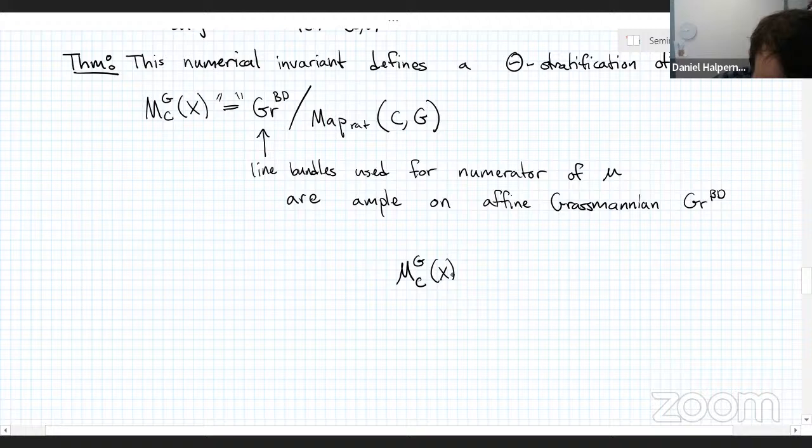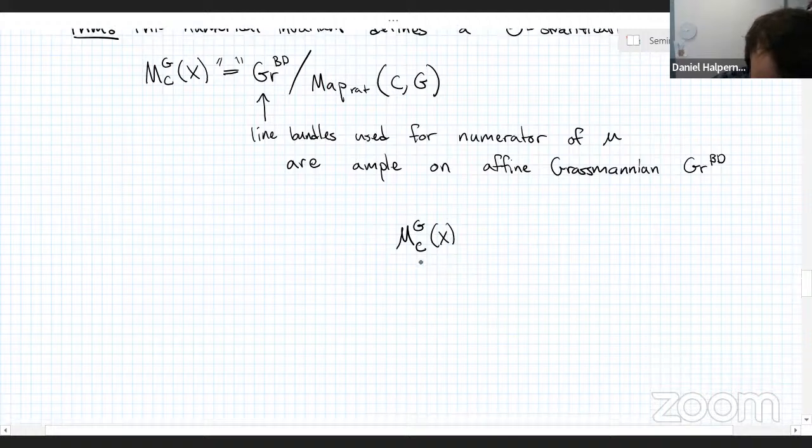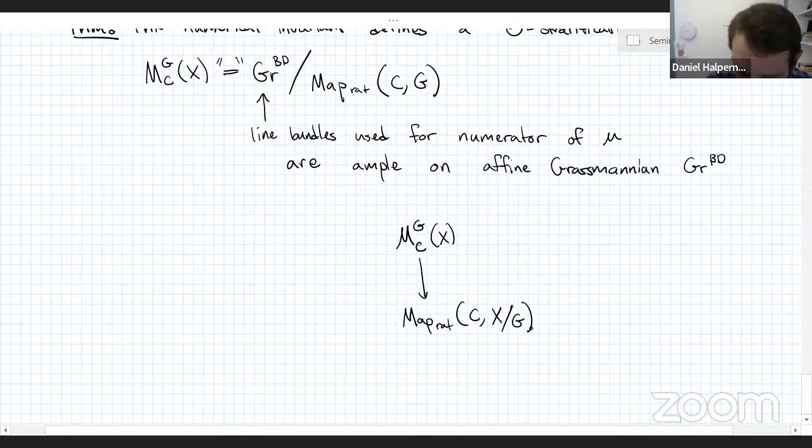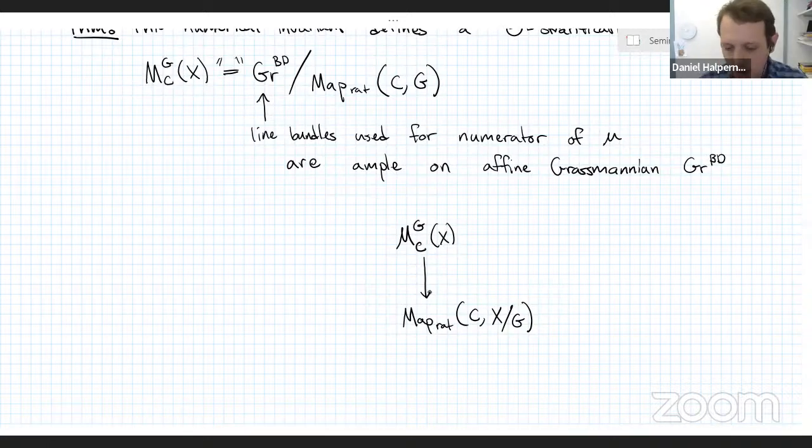MCG of X, and then this maps to something like the stack of rational maps from the curve C to X mod G. And this is the stack that parameterizes this. This actually only really works for GLN. You get general G by changing the affine target.